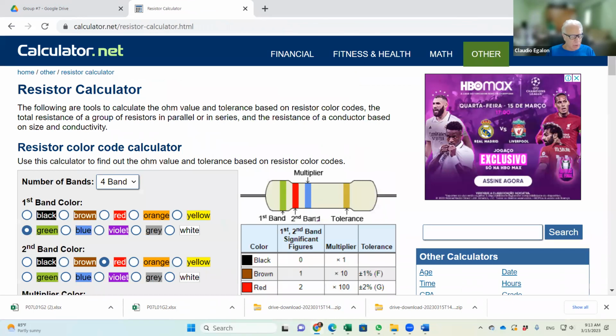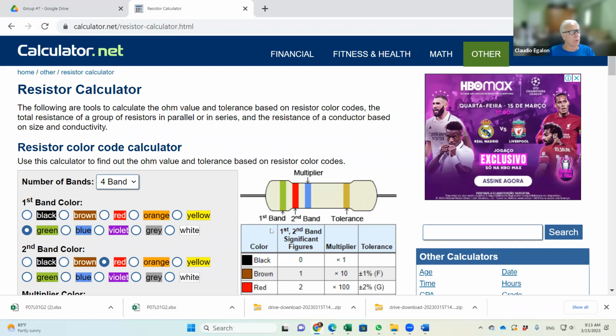Most resistors that we use are going to have only 4 colored bands. Each of those, the first 2 colors is a significant digit of your resistor.